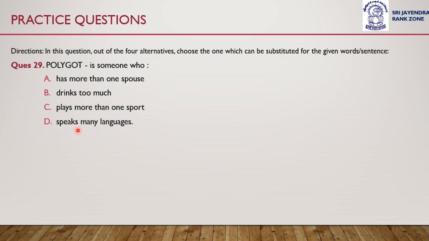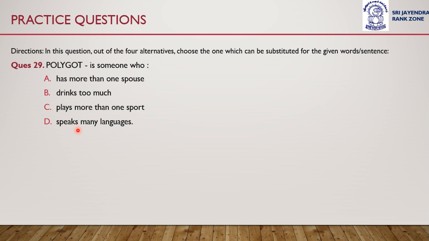Polyglot is someone who, option A, has more than one spouse, plays more than one sport, or option D, speaks many languages. Which of these persons will be called a polyglot? Try to solve this question. I am giving you 10 seconds.